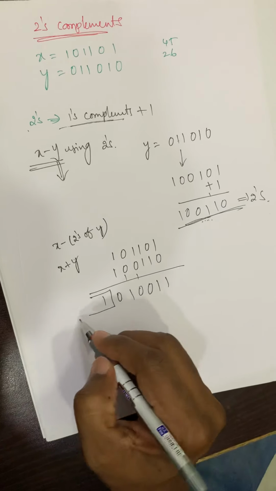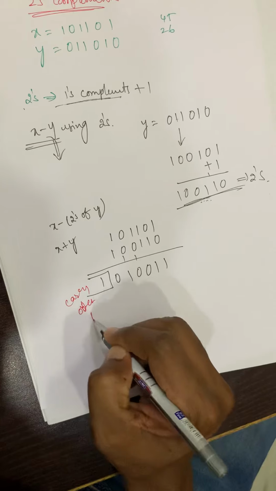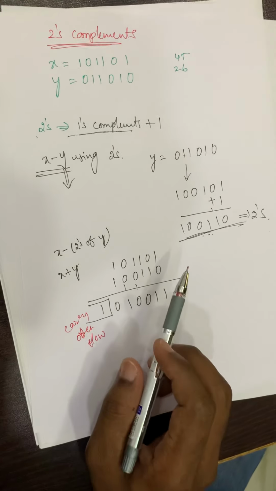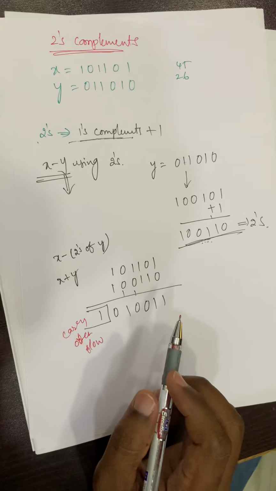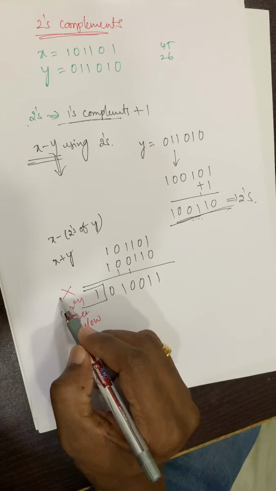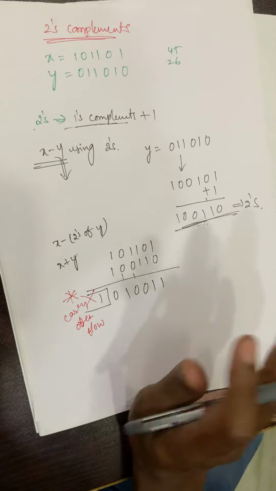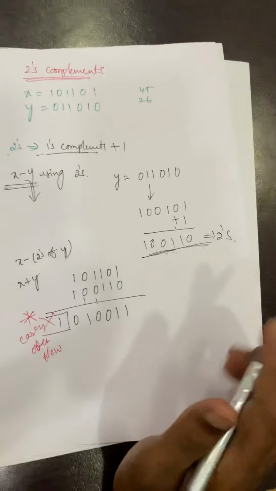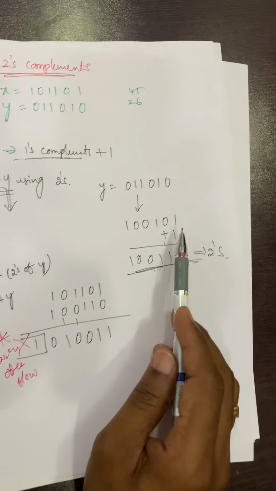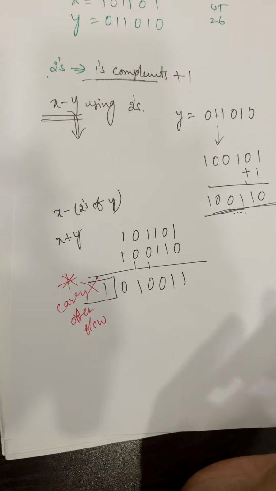In 1's complement, we should add the carry overflow to the resultant. In 2's complement, no need to add that carry overflow to the resultant. That is the difference, because 2's complement means 1's complement plus 1, where the 1 is already added. So no need to add the carry overflow to the resultant bit.